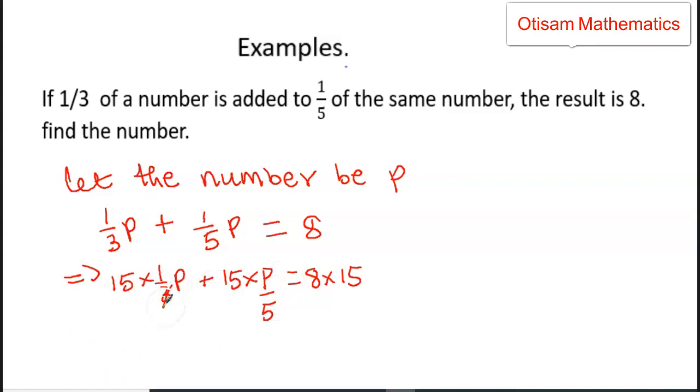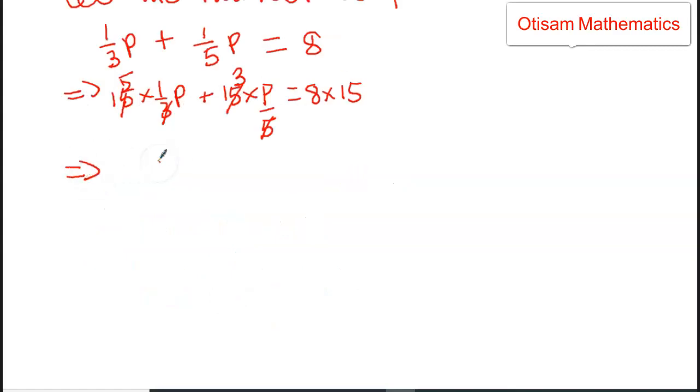So 3 will go here 5, then 5 will go here 3. This implies that we have 5p plus 3p is equal to 8 times 15, which is 120. So 5p plus 3p is 8p, equal to 120.